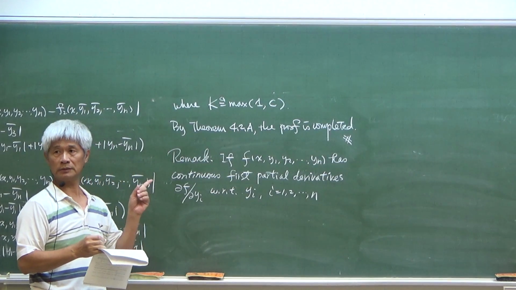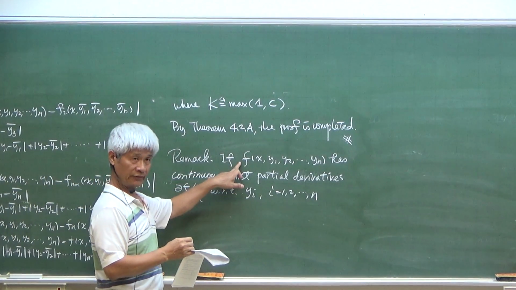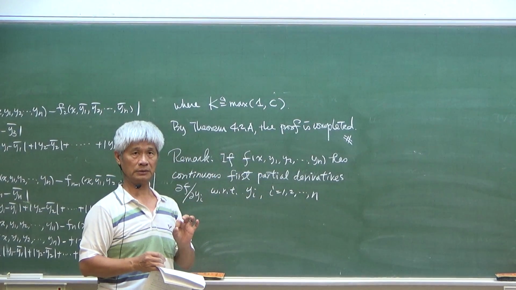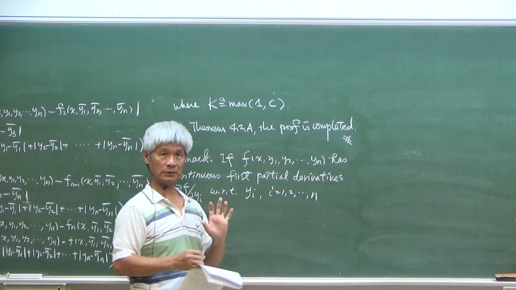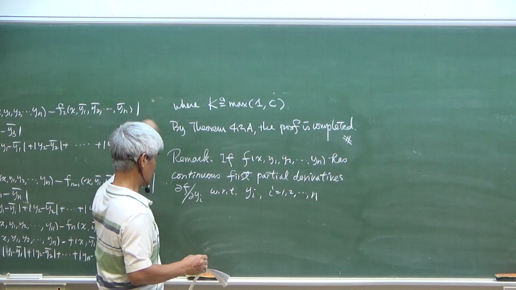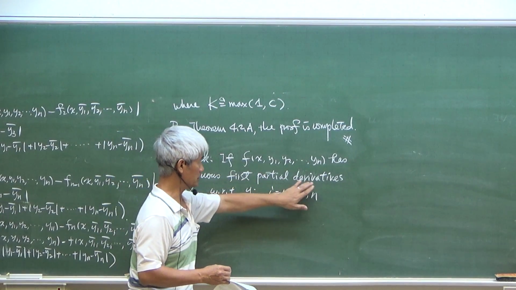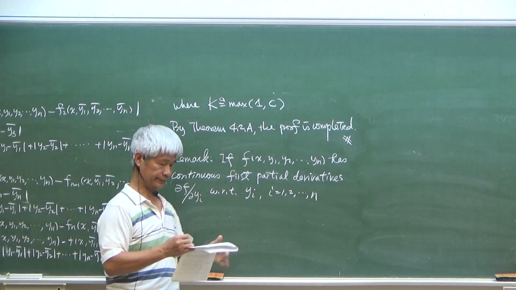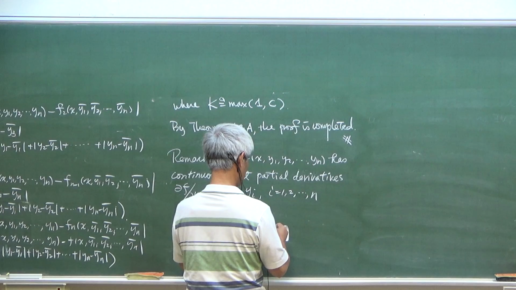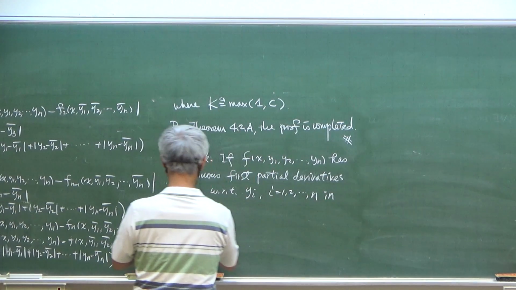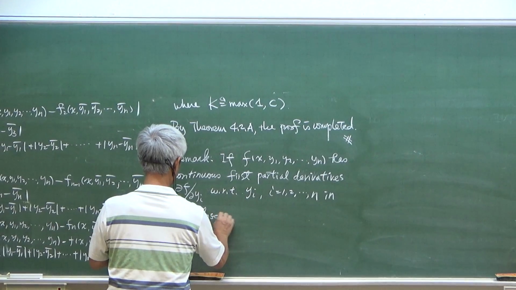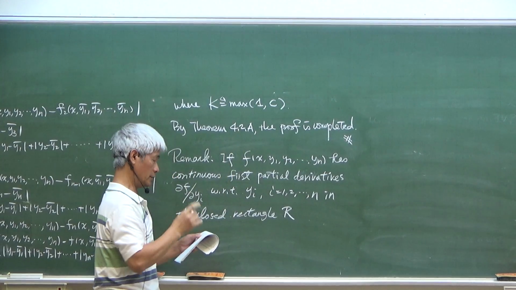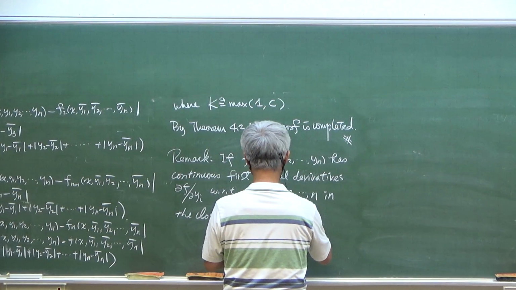You have to note that the function actually has n plus 1 variables, x and the y variables. But here I just require that this function has continuous first partial derivatives with respect to the y variables, in the closed rectangle in the previous theorem.